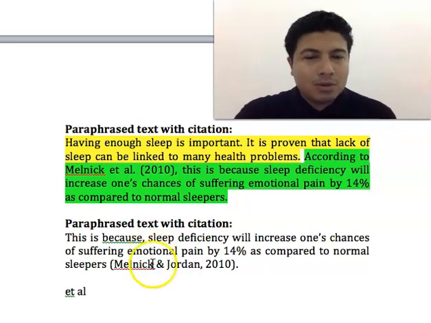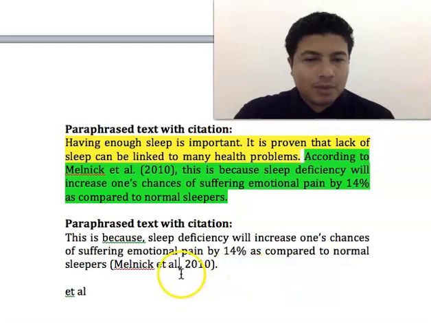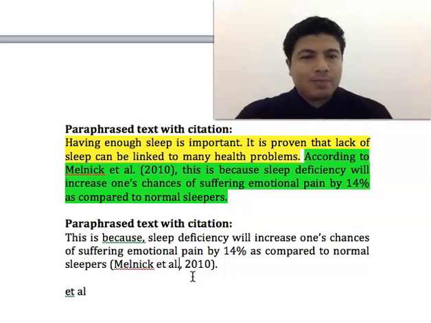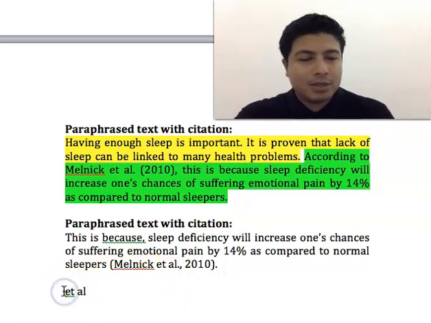The same goes for the one at the end of the sentence. If there are three authors, you put et al., full stop, and then comma, and then the year it was published. So that is the rule when you are doing citation.